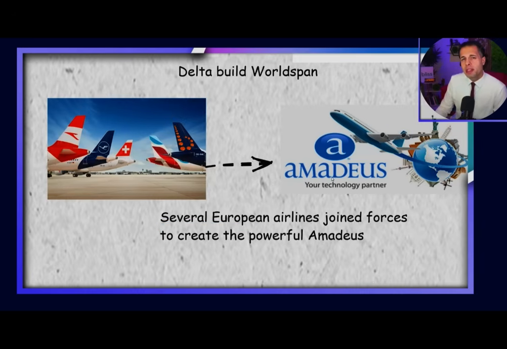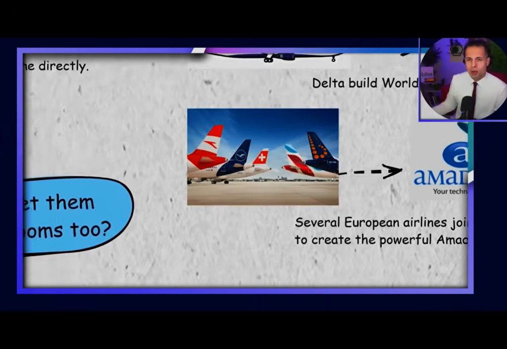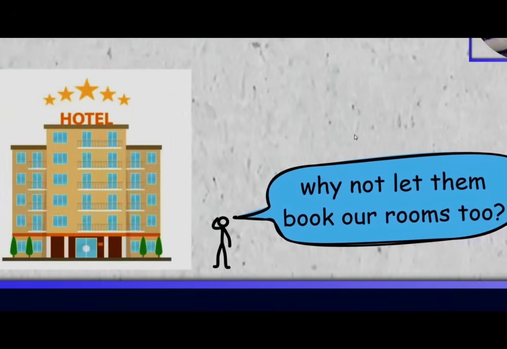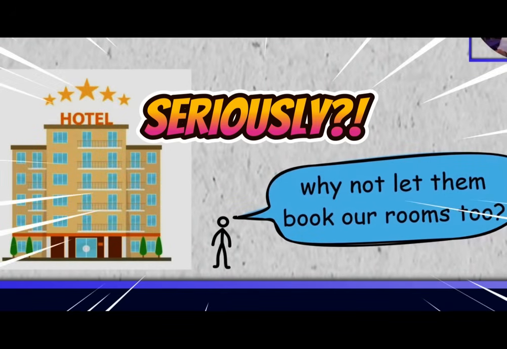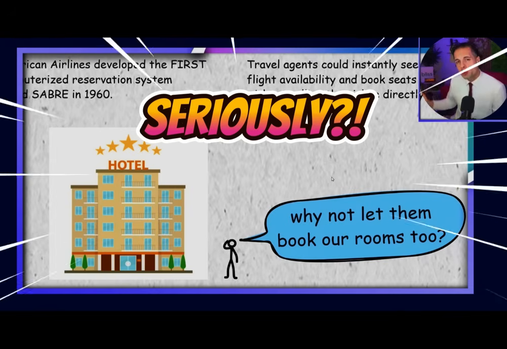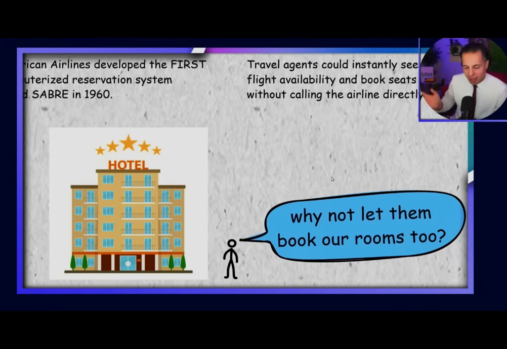So with all of these global distribution systems that have been connected for airlines, that brings us to the question, why not let hotels also book rooms this way too? And that's when hotels shifted into this and started doing the same concept.